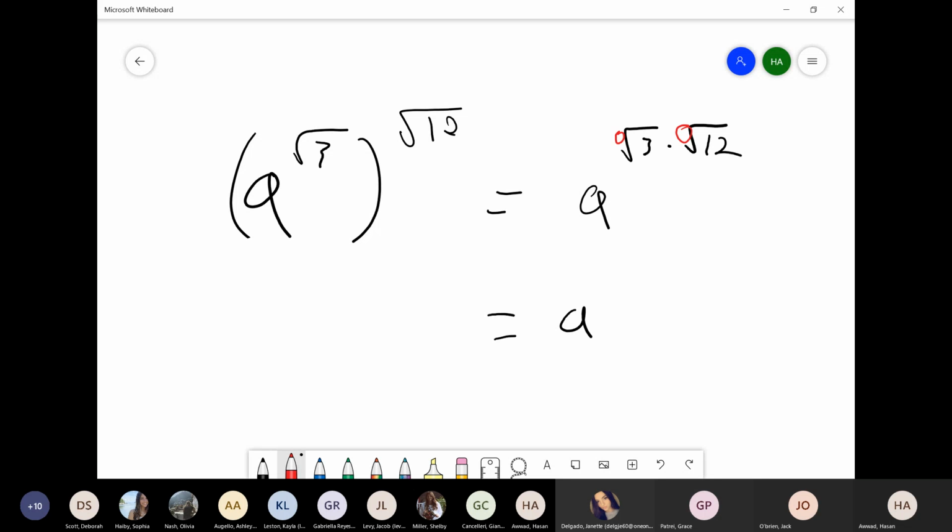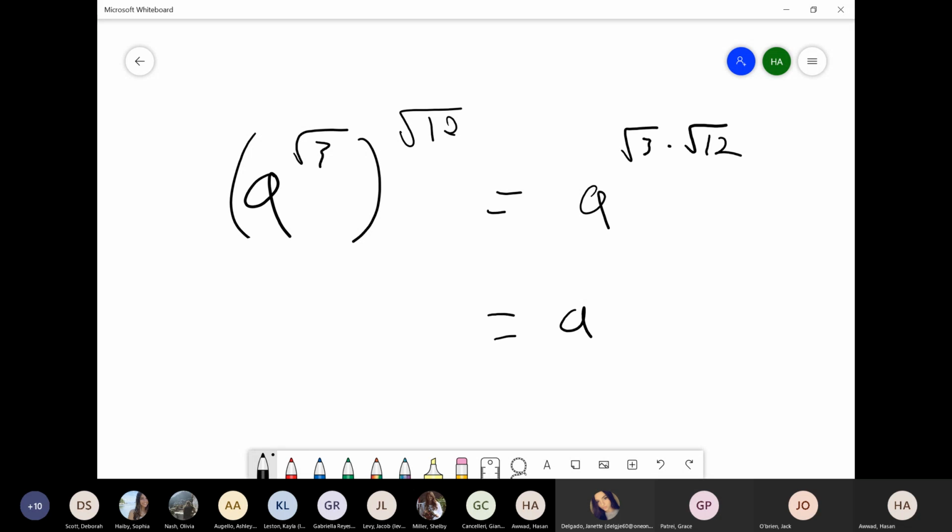And those aren't zeros, that's just circling where your index would be. And notice that the index is not present, right? So when you don't see an index, what you should automatically think is this is a square root. A hiding index in front of a radical means that index is really a 2. So because they match, you have a square root of 3 and you have a square root of 12, you can keep it a square root and you can multiply everything inside together.